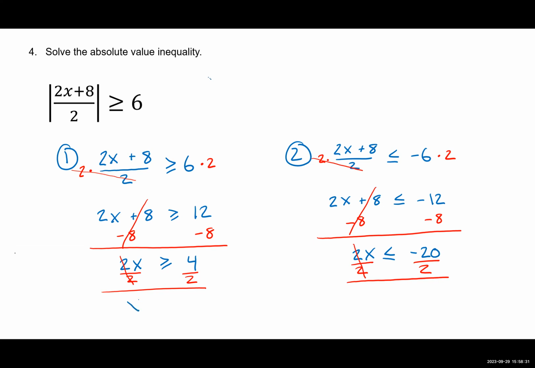And we get x is greater than or equal to 2. And also, you can't have just one. The x is greater than or equal to 2 is only half of the answer. We also have x is less than or equal to -10.